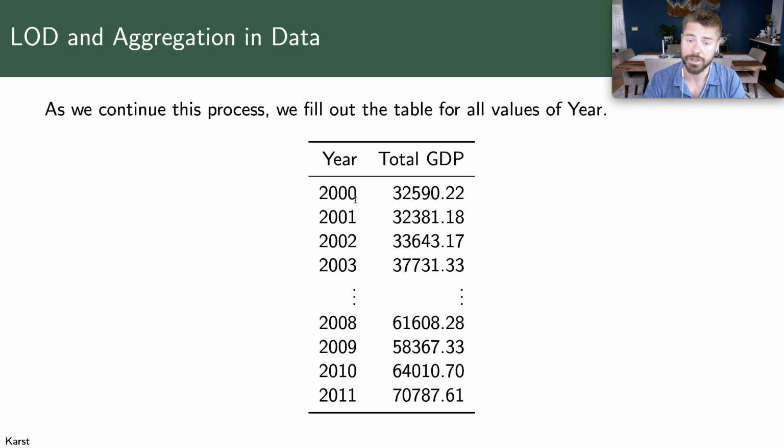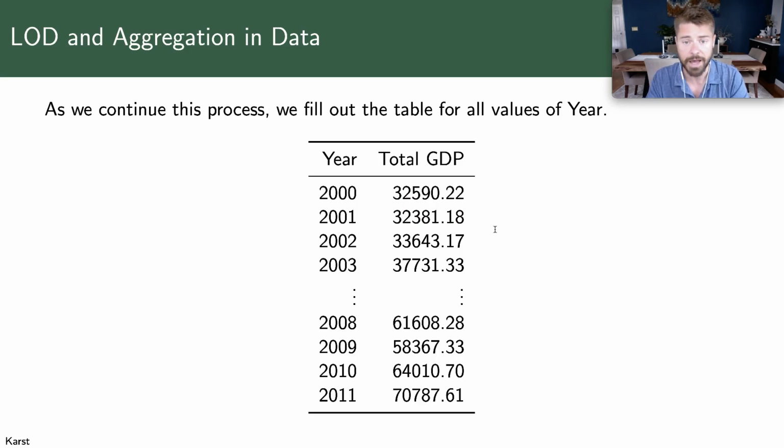So instead of being at the country year level of detail, I'm just at the year level of detail. This value here, this particular row, represents the total GDP across everything else in the data set. So in this particular case, it's across all countries with a fixed year, 2000, 2001, so on and so on.